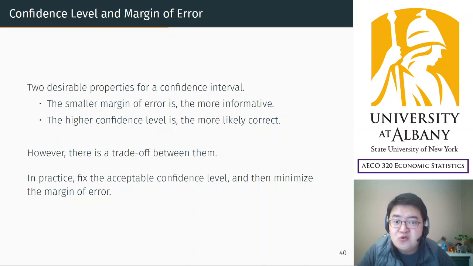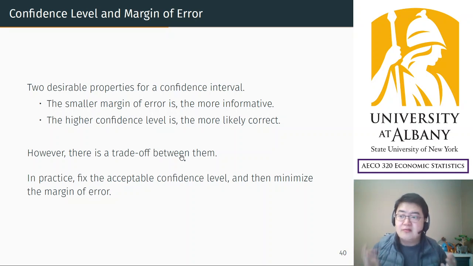I guess you are between 1 and 10 feet tall. Your height must be between 1 foot and 10 feet. Am I correct? Must be correct. It can't be wrong, because the margin of error is too large. So the estimation is useless. There is no point in doing this estimation. That's the trade-off. Even if it is always correct, it has no information.